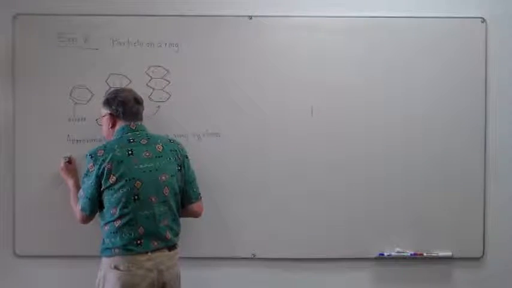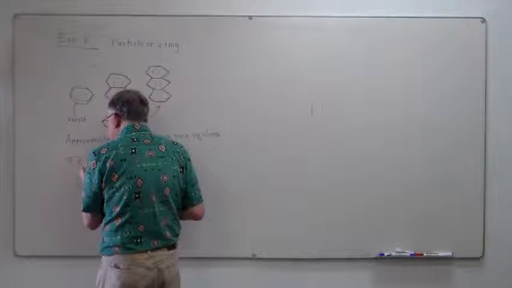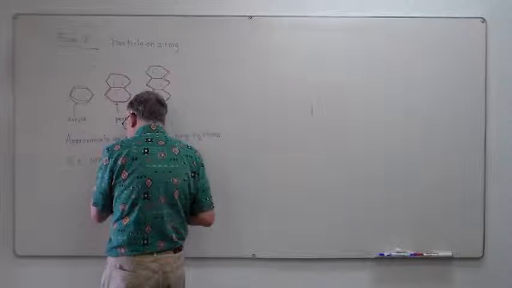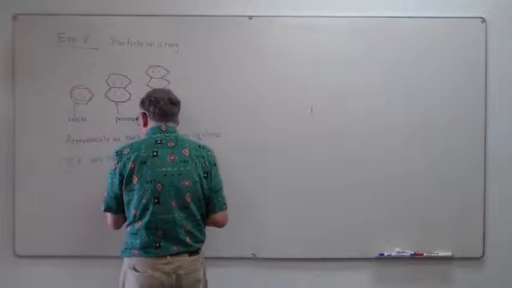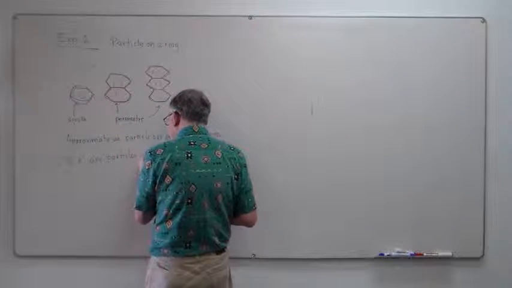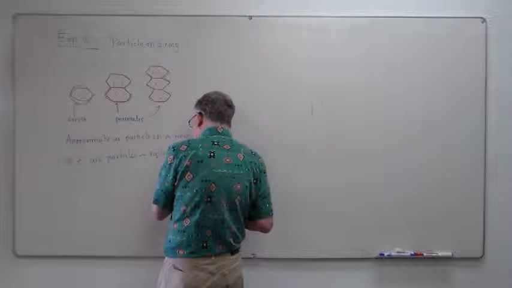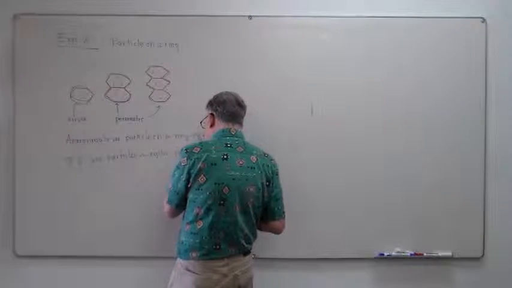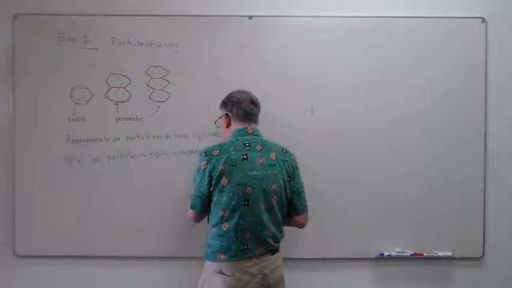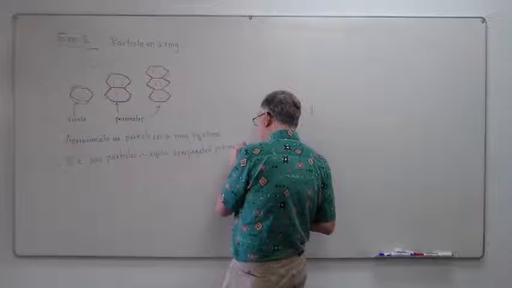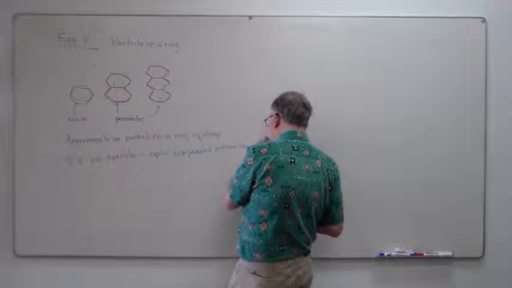So the pi electrons are the particles, and the cyclic conjugated perimeters are the rings.